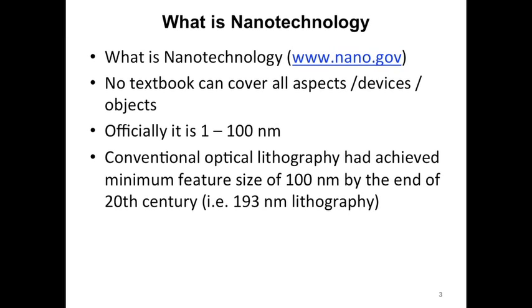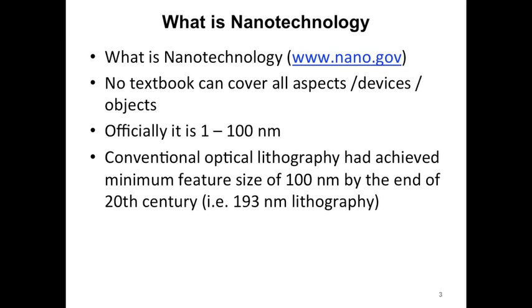There are different techniques which can be used to make structures and features in that range, and those structures, features and devices can be used for a lot of different applications. As one example, we can use optical lithography, which we'll cover later on. Basically, it's a technique you can use to print devices or features on a surface.